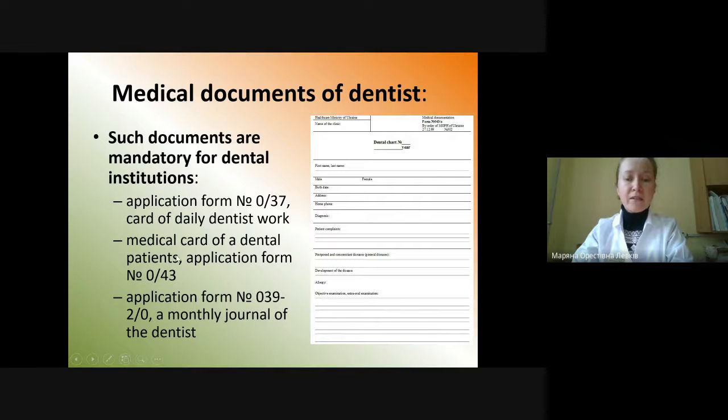Next, it is the medical card of the dental patient, the dental chart, application form number 043, and application form number 039. It is the monthly journal of the dentist report, the final report of the dentist's work for a month.